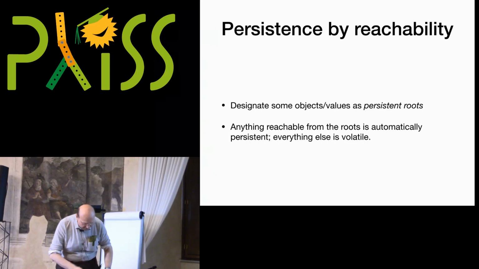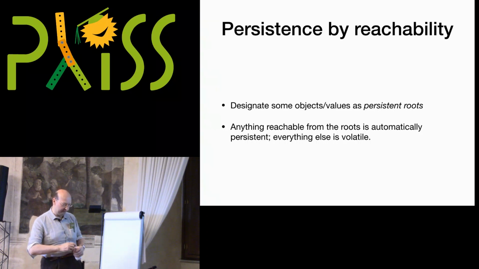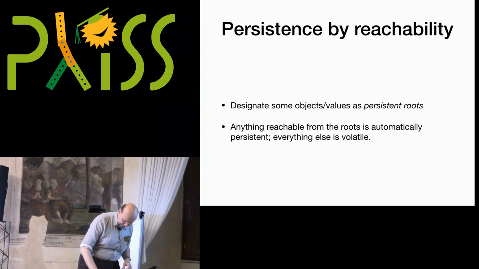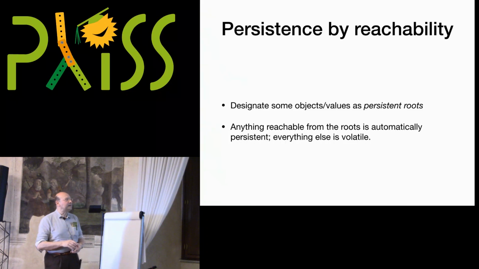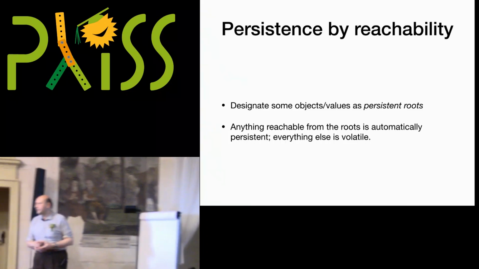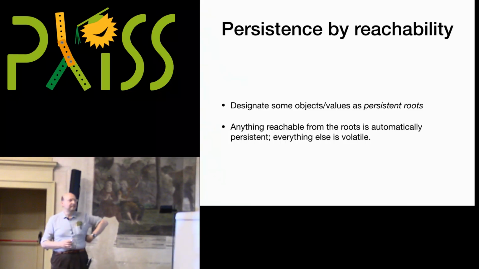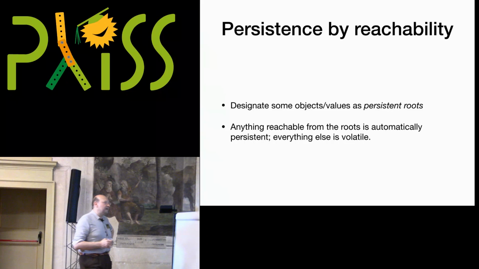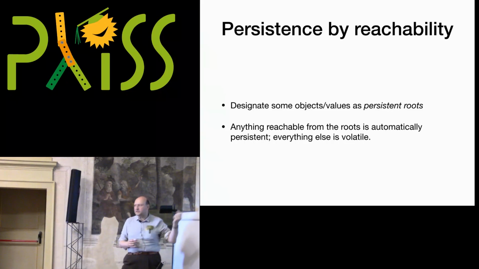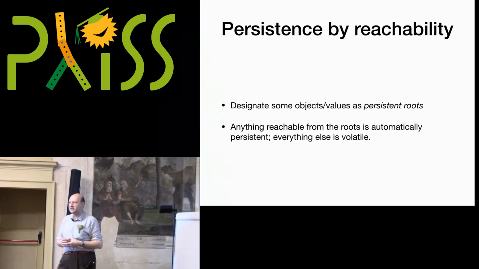I mentioned persistence by reachability. So this is kind of an attractive option on the face of it. The idea of persistence by reachability is that we designate certain variables or values as being persistent roots. So let's say we choose some objects to be persistent roots.